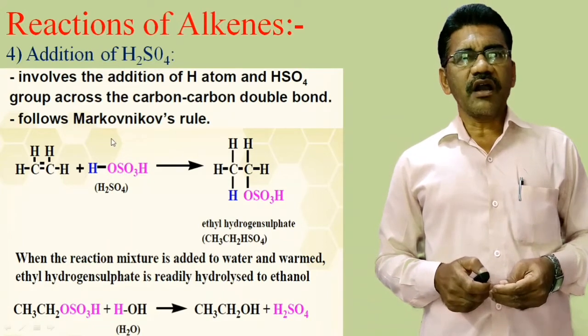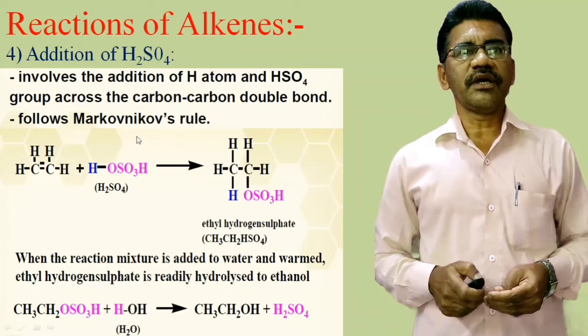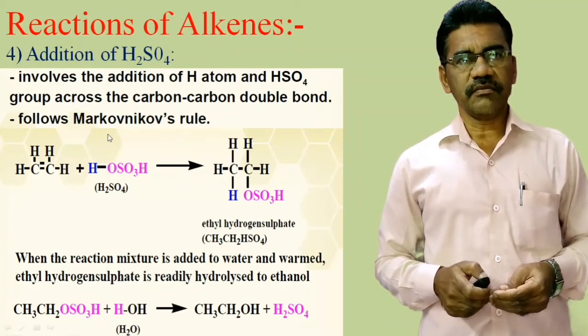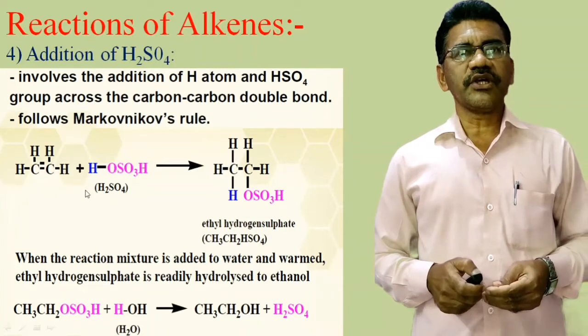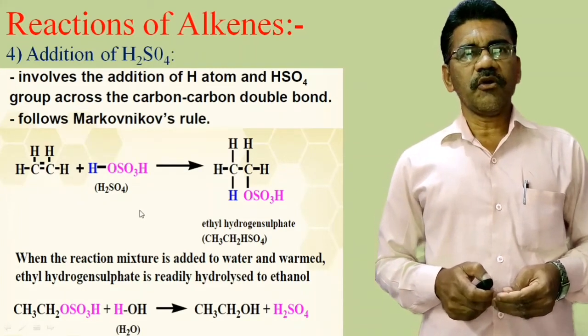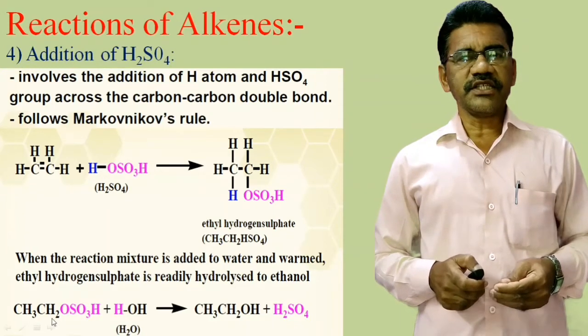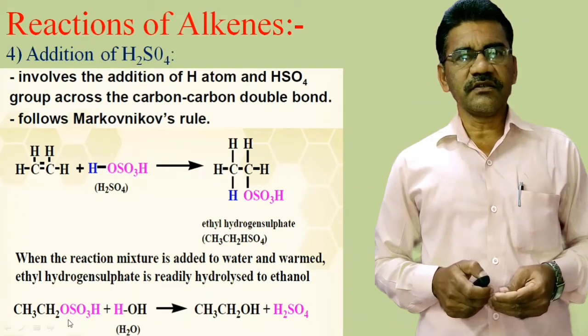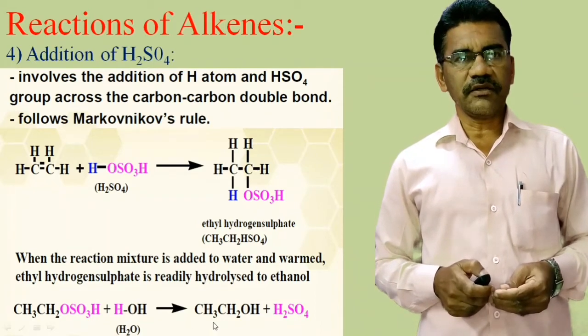The negative part is attached to that carbon which has the lesser number of hydrogen atoms, and therefore ethylene reacts with H2SO4 to form ethyl hydrogen sulfate, and this ethyl hydrogen sulfate then readily hydrolyzes to ethanol.